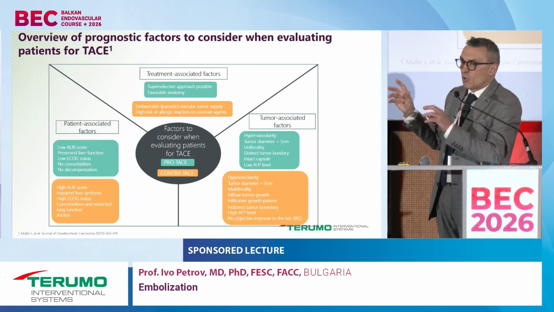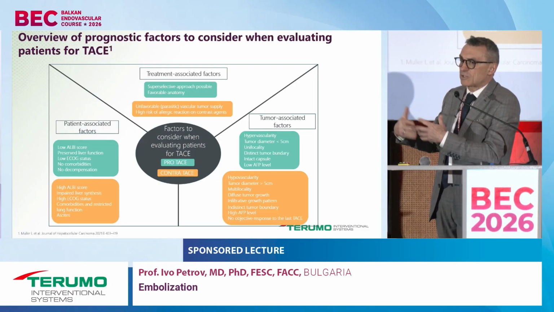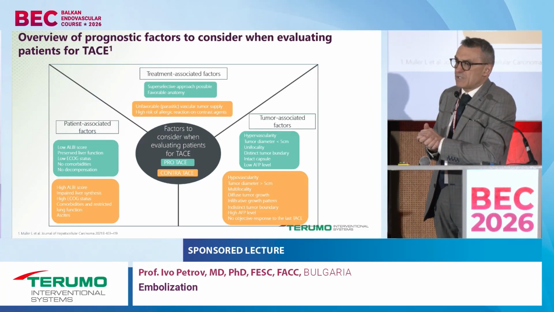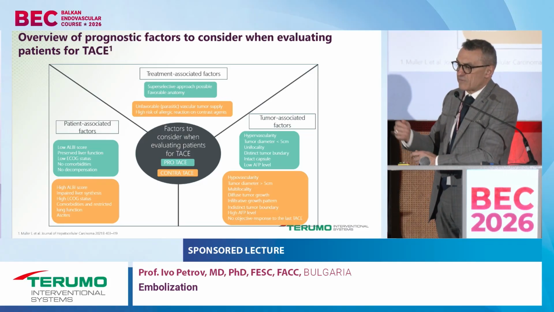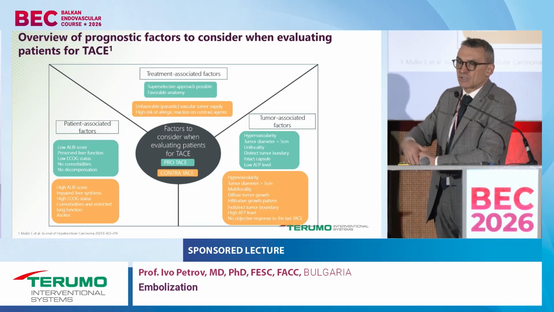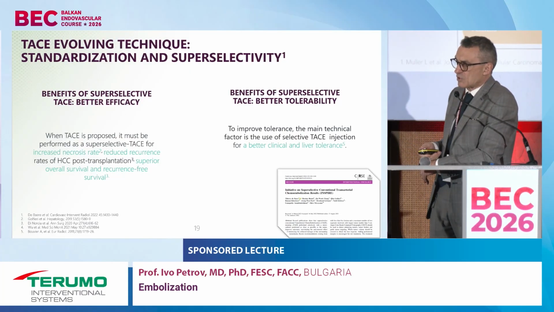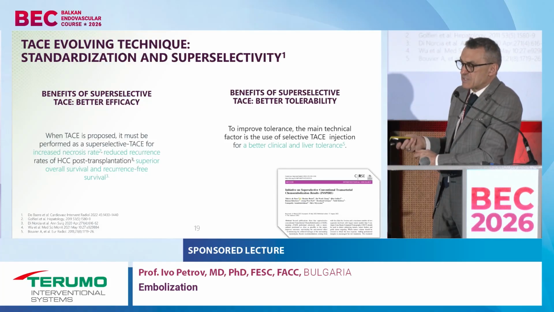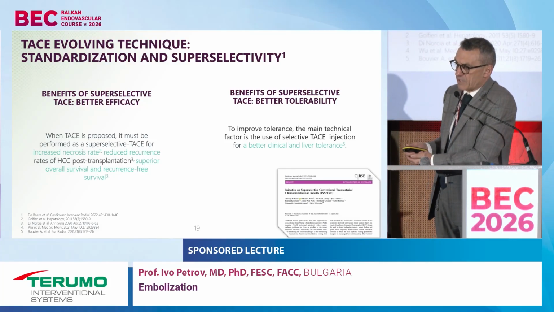So more or less, the reason is that as a secondary or third procedure, we need the main feeder to stay patent in order to have second or third access directly to the tumor to finish the job. So this is the rationale behind the bioparticles.